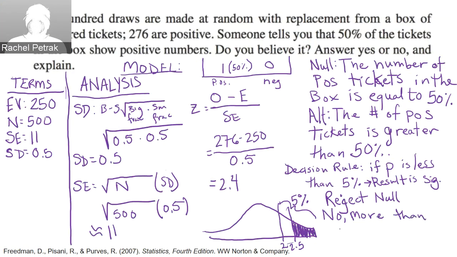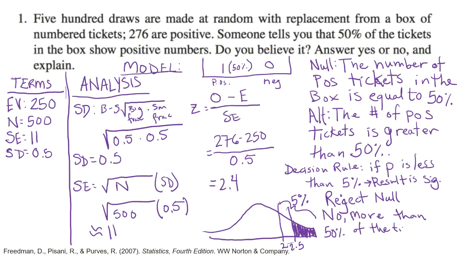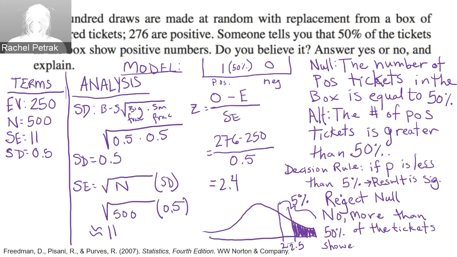More than 50% of the tickets in the box, but I'm going to leave that out here just for space. More than 50% of tickets showed a positive number. This was actually 276, that's about 55% of the tickets.